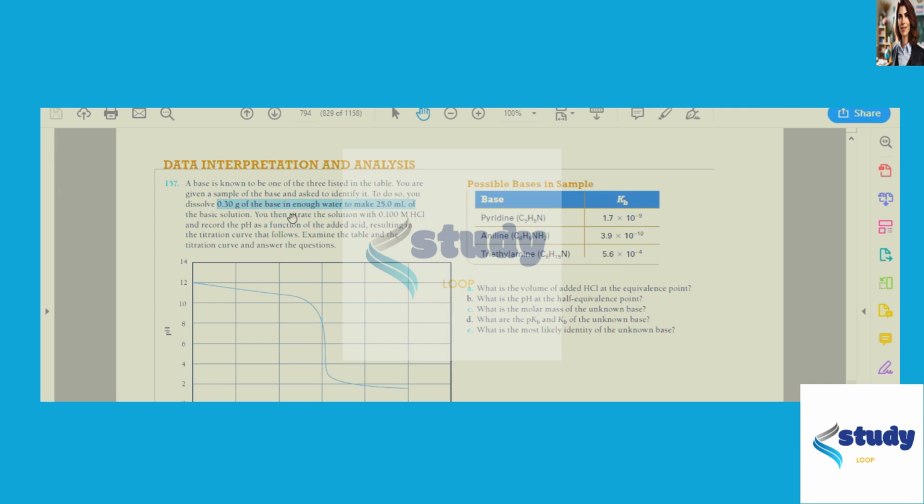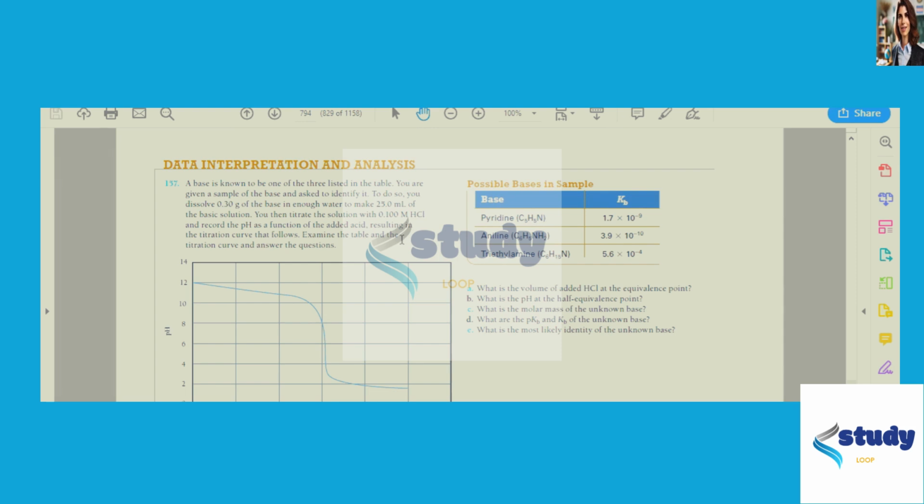Then we titrate the solution with 0.1 molar HCl and record the pH as a function of the added acid, resulting in the titration curve.